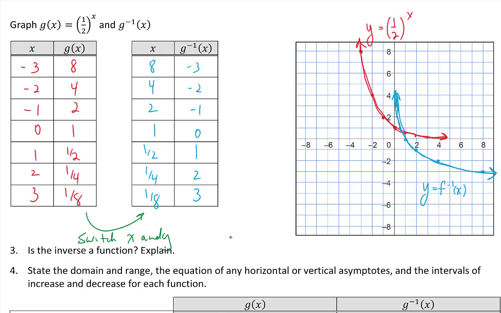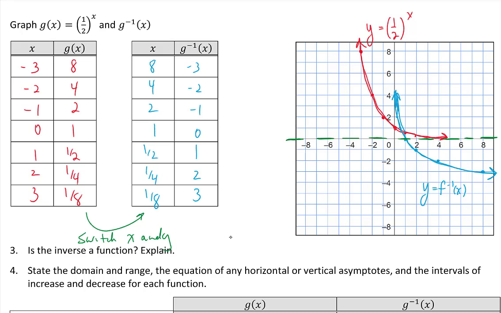This time we took an exponent that has a base value between 0 and 1, and notice we have a decreasing exponential function, which this time gives us a decreasing logarithmic function.